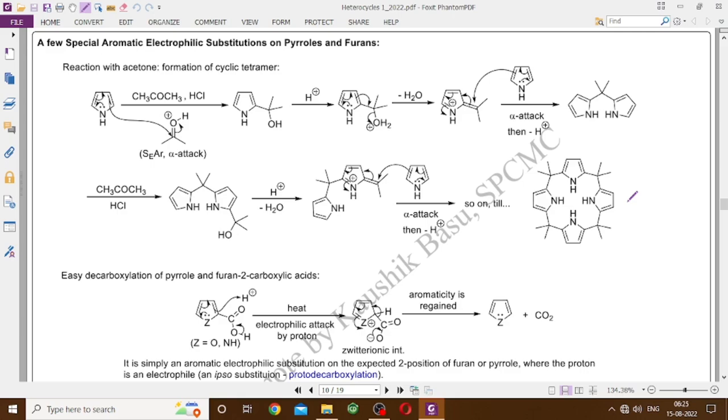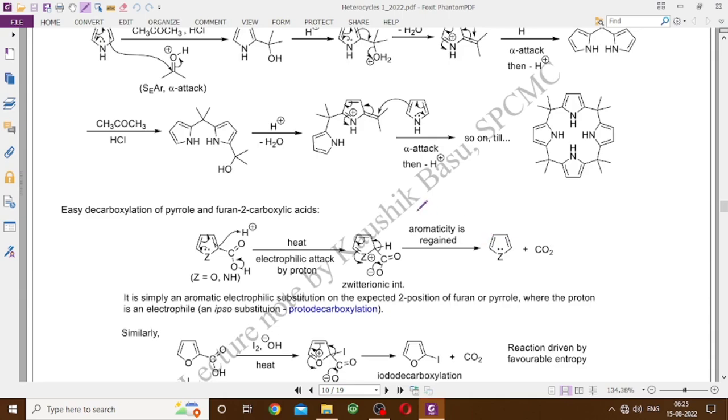As we know, presence of these dimethyl groups will force the molecule to close down the ring, because the number of possible conformations that the acyclic precursor may have is severely restricted, and it is forced into a conformation where cyclization is the better option compared to polymerization. That is why we get this cyclic tetramer.